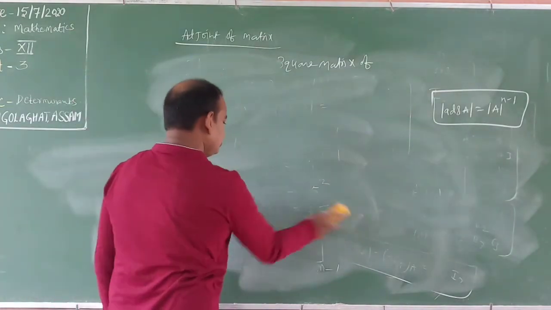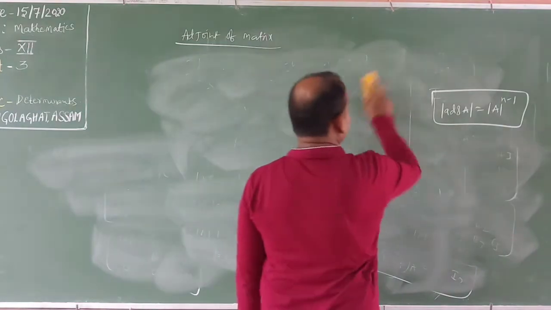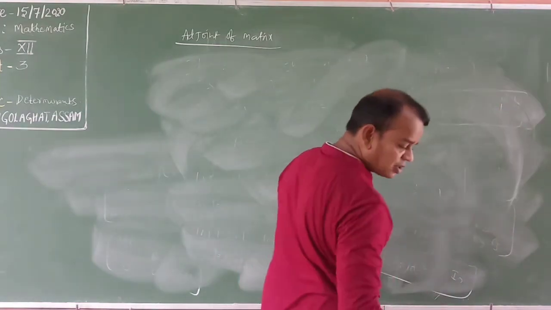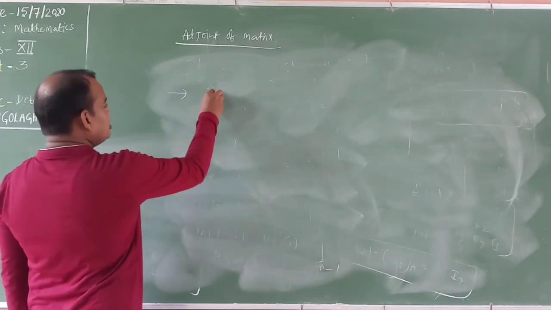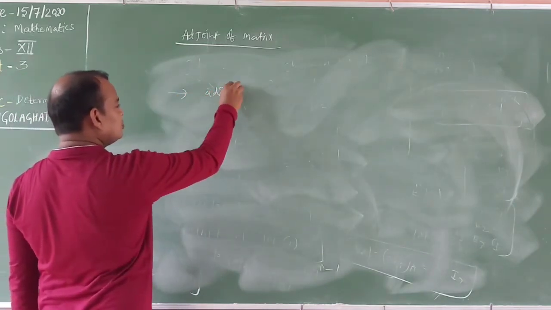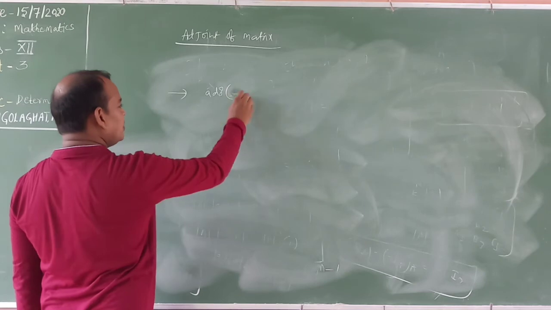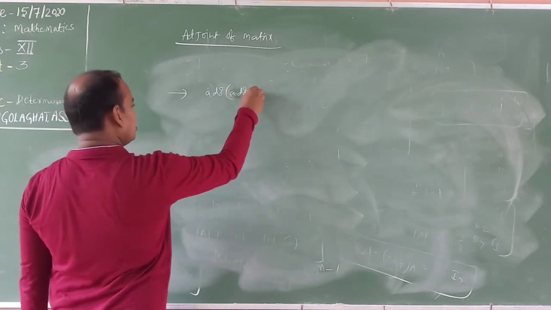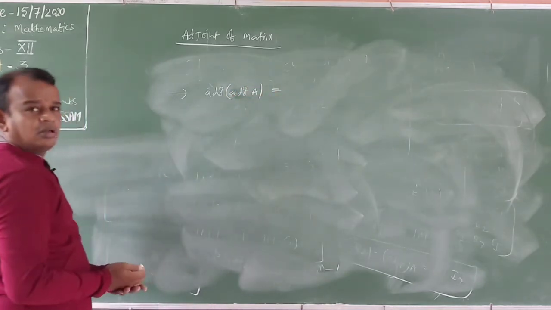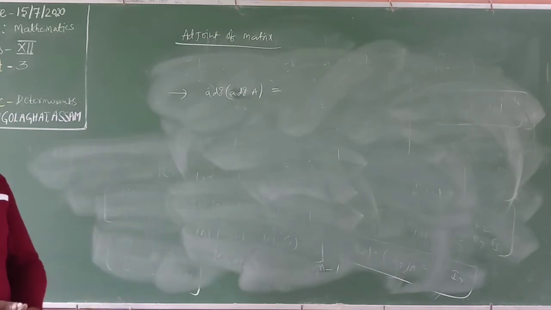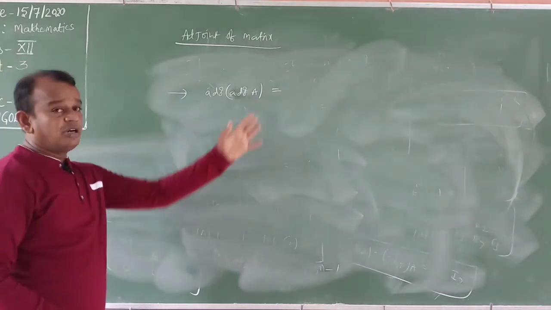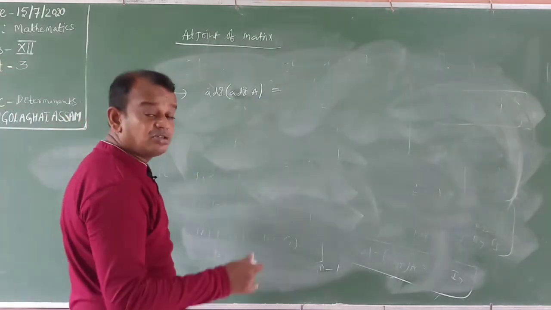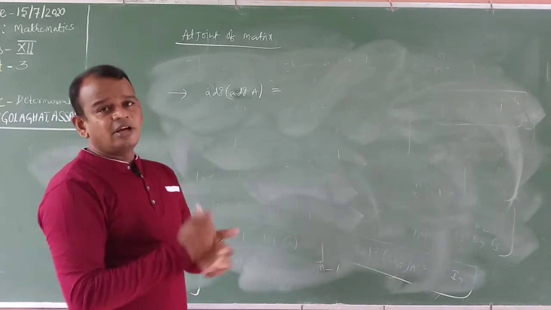Next, some more properties. Adjoint of adjoint of A. You know the formula very well: A into adjoint of A equals the determinant of A into I. Again we can find the adjoint of the adjoint of A matrix.